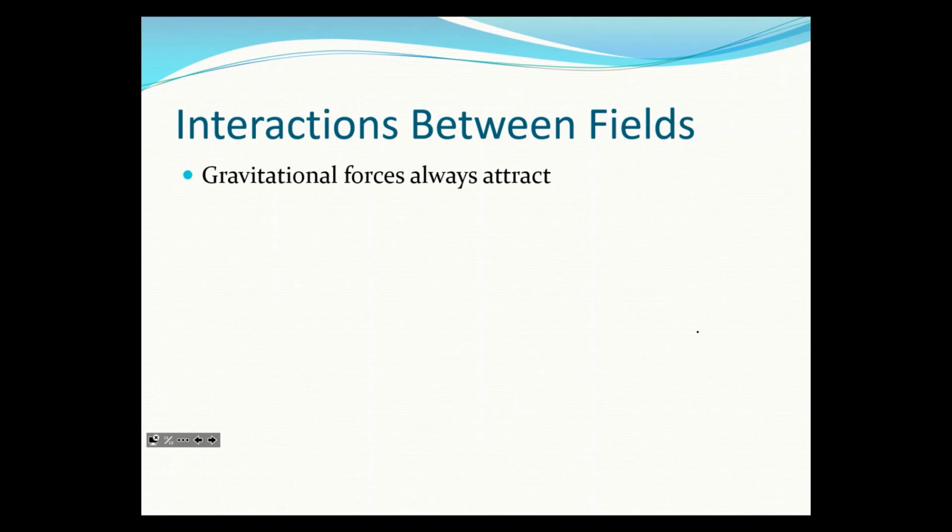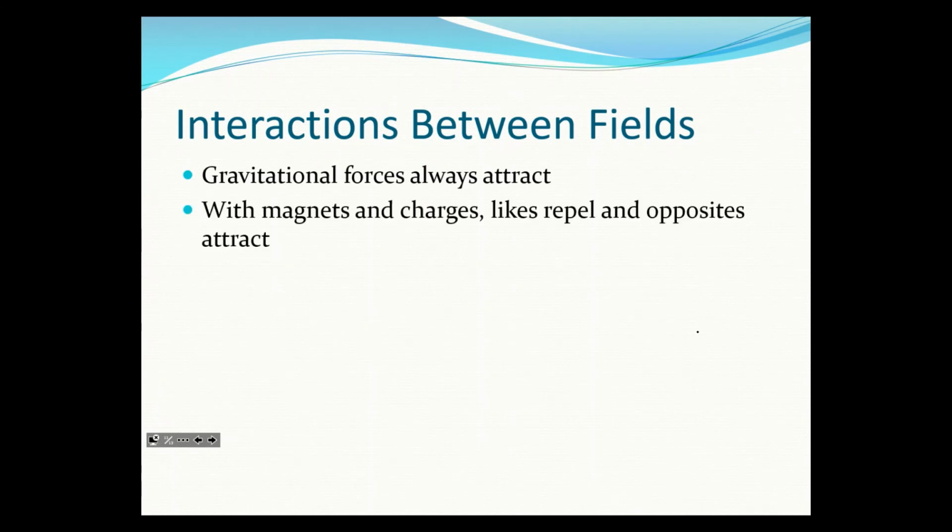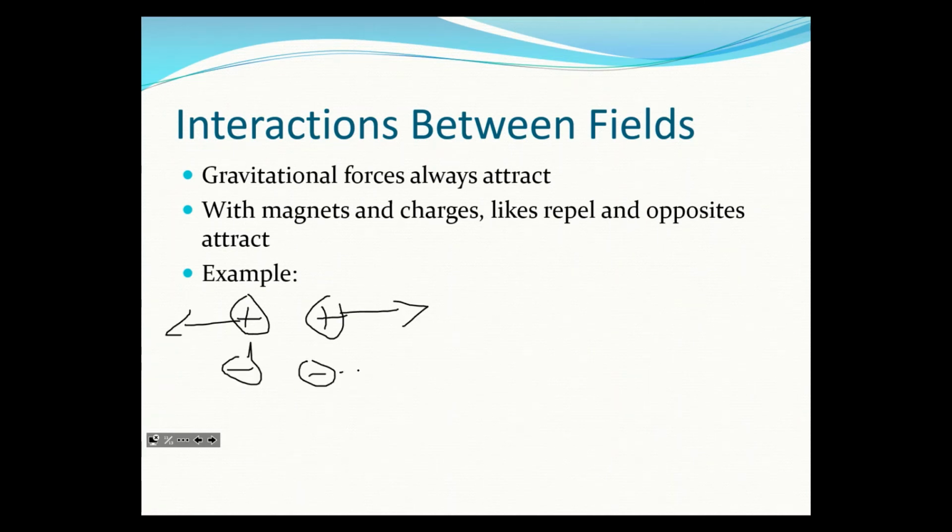So gravitational forces always attract, but with magnets, likes repel and opposites attract, right? So if I put two positive charges by each other, they would repel. If I put two negative charges by each other, they would repel. But if I put a positive and a negative by each other, they would attract.